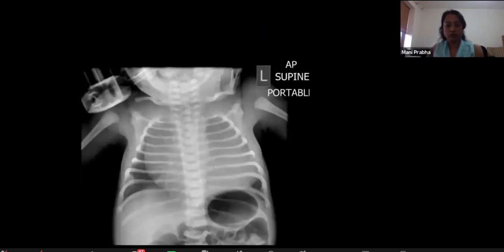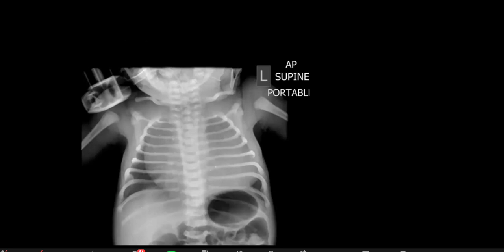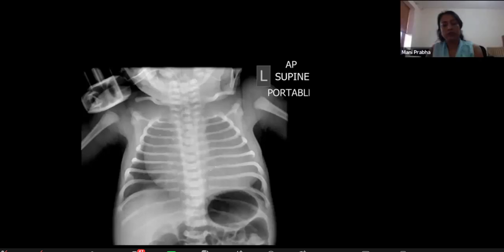Okay, next one. So AP supine portable of a fairly young baby. In terms of situs, it is levocardia, gastric bubble on the left, liver is on the right. So in keeping with situs solitus, yes. Aorta is left-sided.